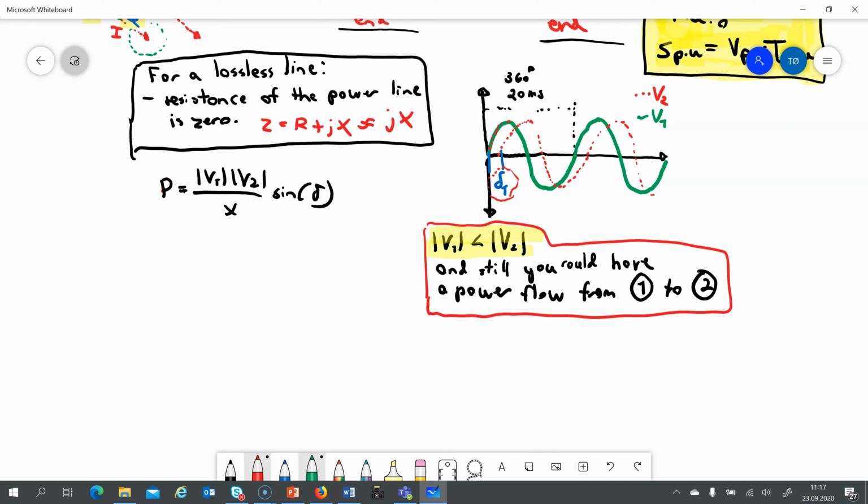Let's dwell a little bit more on this equation here. Actually, it's a very powerful relationship. One thing you can remember is that often we also write this V1 as E, the sending end voltage. We will use that a little bit later in this lecture. This reactance here is actually closely connected to what we call the electrical distance.